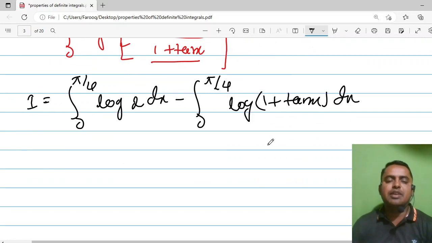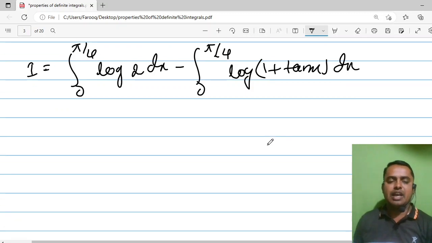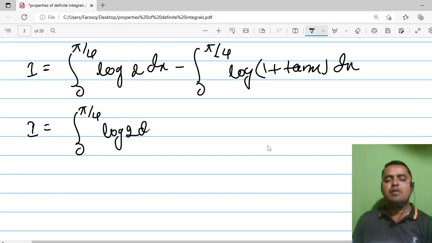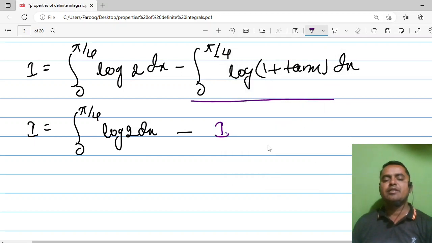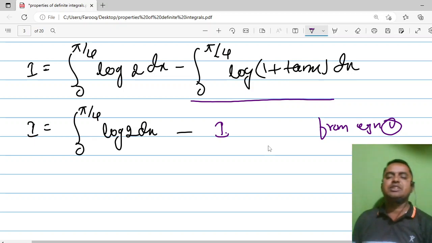Then I is equal to integral 0 to 5 by 4 log 2 dx minus, now this I am replacing from equation 1. See equation 1, integral 0 to 5 by 4 log 1 plus tan x is I, that is minus I.